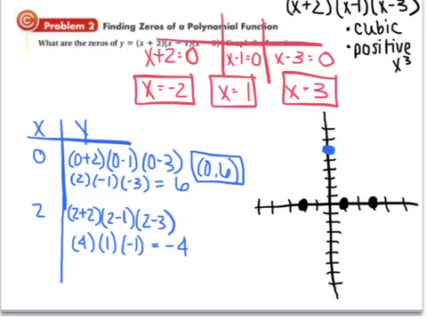And you should get the value -4. So now we have another point, 2, -4.